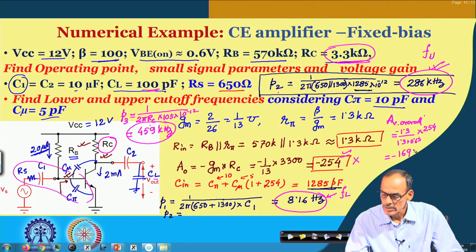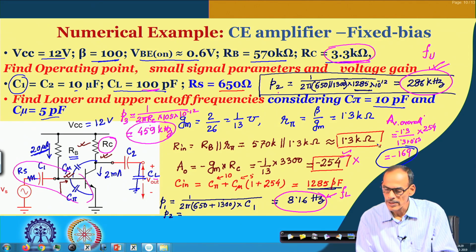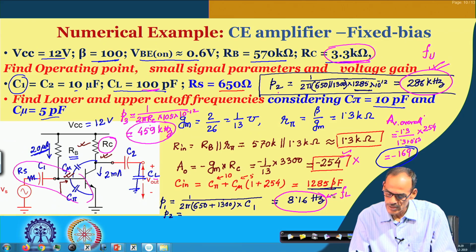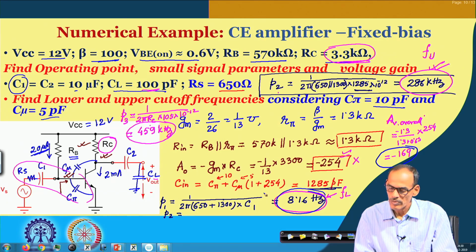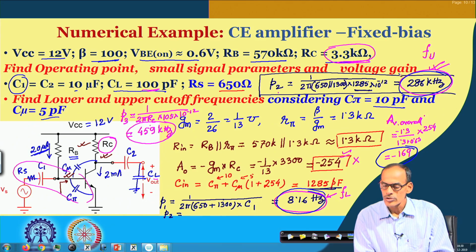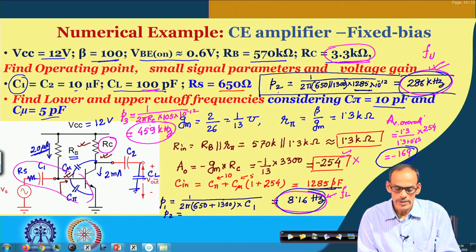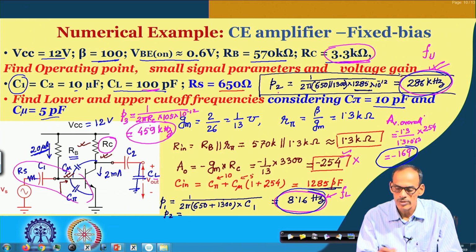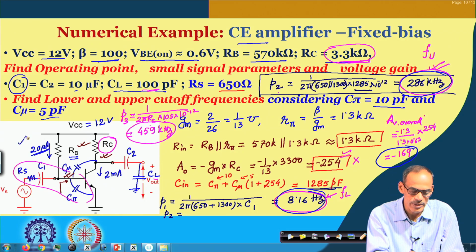So, in summary, the mid frequency gain is 169, lower cutoff frequency is 8.16 hertz, and then upper cutoff frequency is 286 kilohertz. So, that is the overall frequency response of the common emitter amplifier given here.